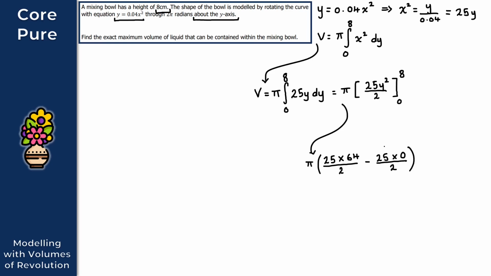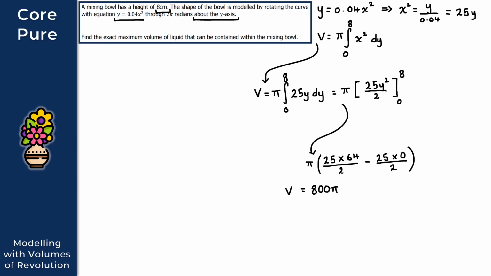Obviously, this second part will just be 0 anyway, but I'll write it down for clarity. So what do I get for V? Well, 25 times 64 divided by 2 gives 800, so I've got pi times 800, which is 800 pi. And there we have it.